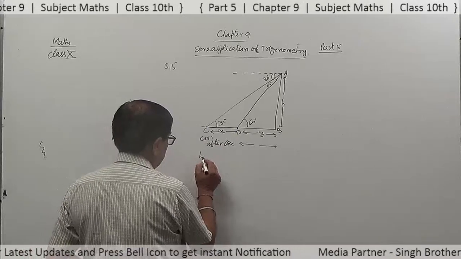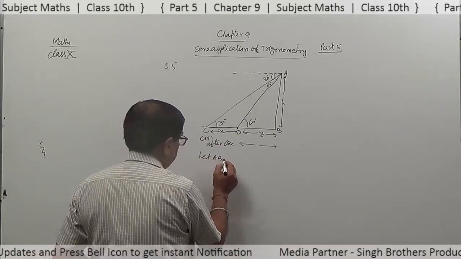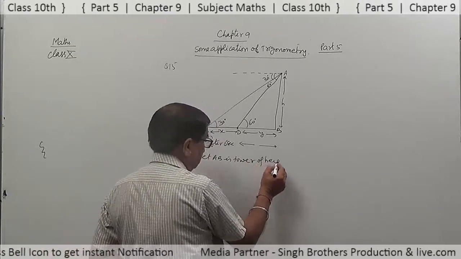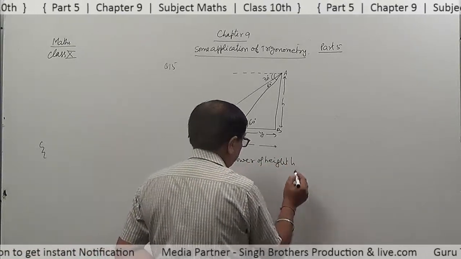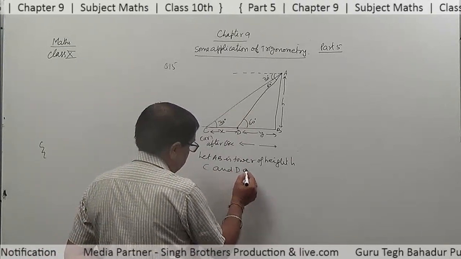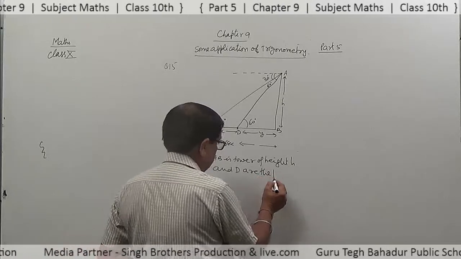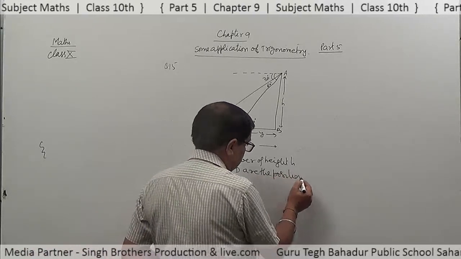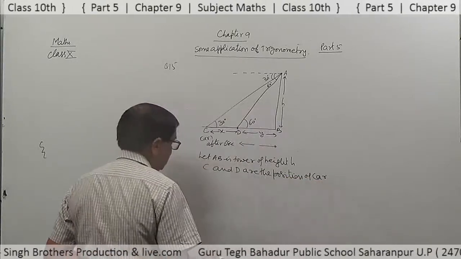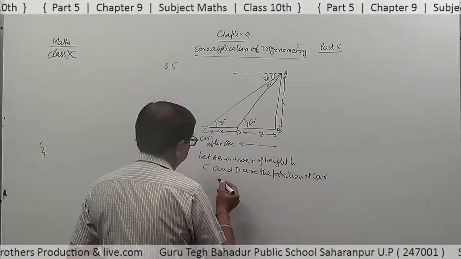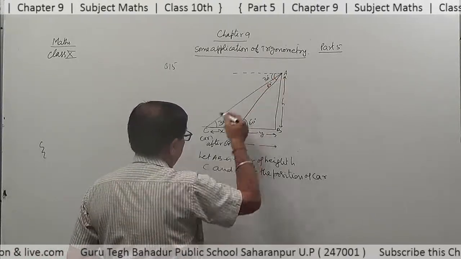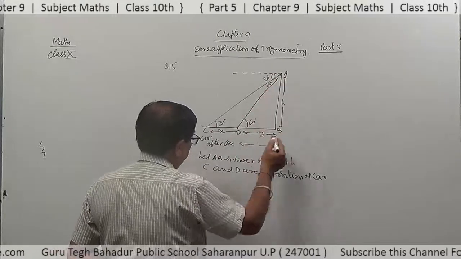Let AB be the tower of height h, and C and D are the positions of the car, in triangle ADB.